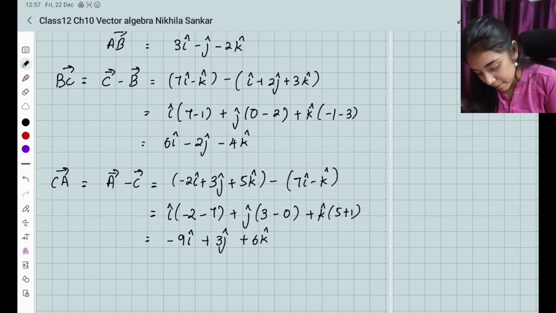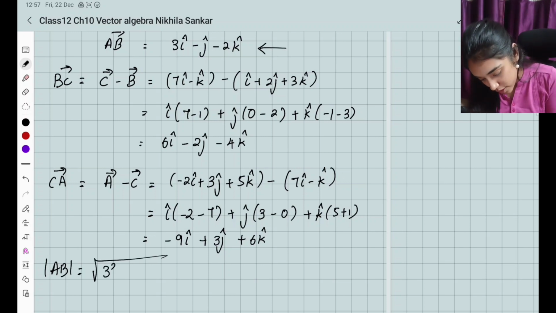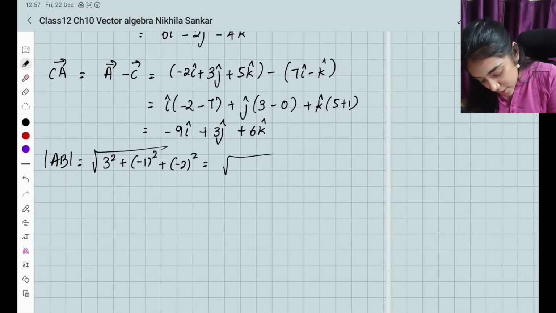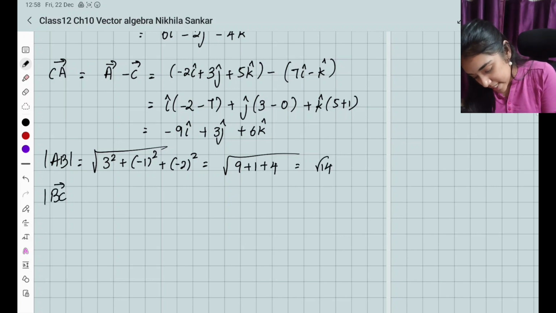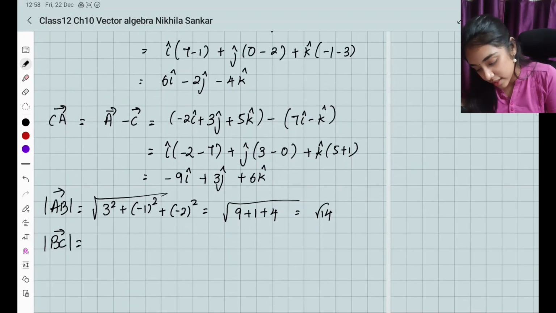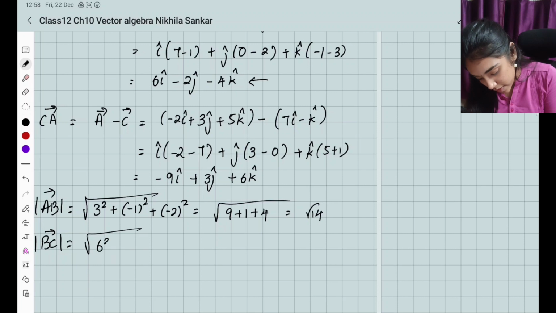Now when I find the magnitude of these terms, the magnitude of AB is the square root of 3 square plus minus 1 the whole square plus minus 2 the whole square, which is the square root of 9 plus 1 plus 4, which is root 14. Now BC, taking the magnitude: this is the square root of 6 square plus minus 2 the whole square plus minus 4 the whole square.